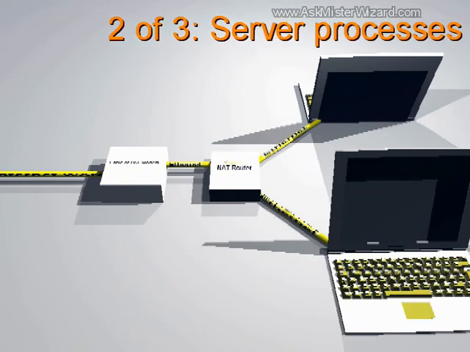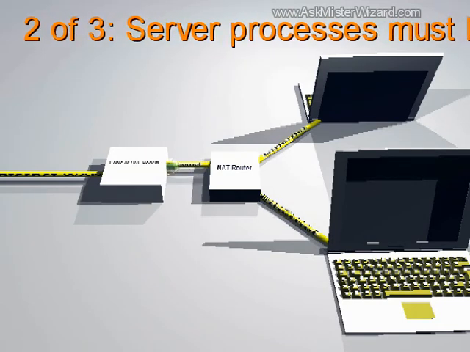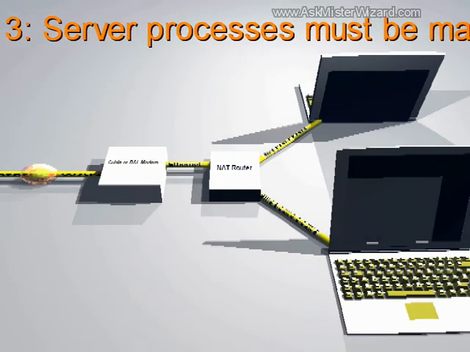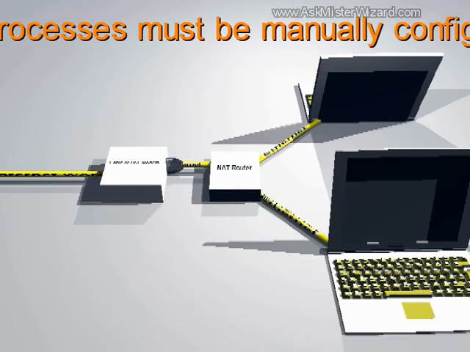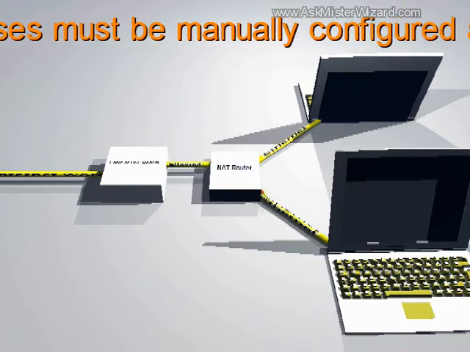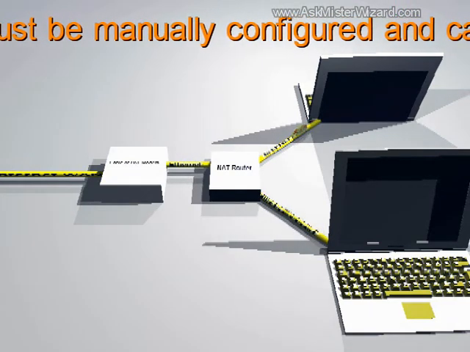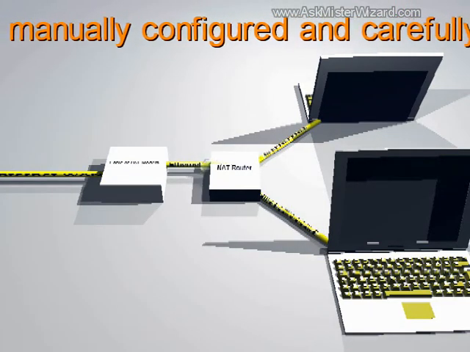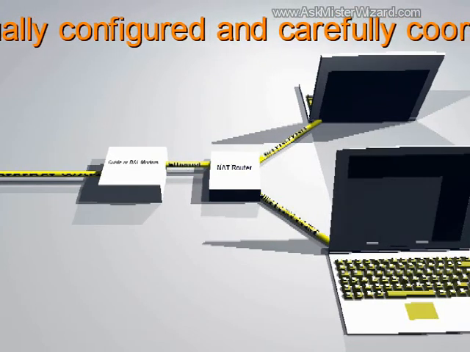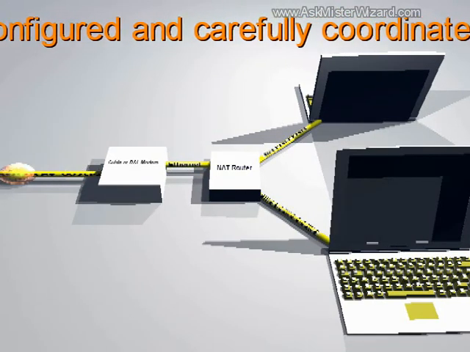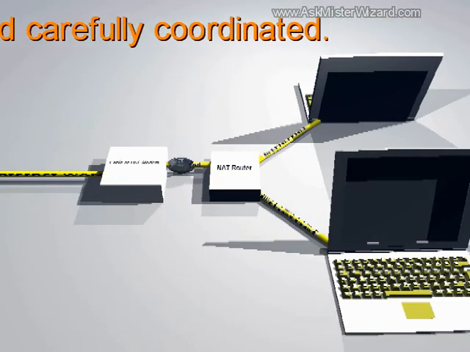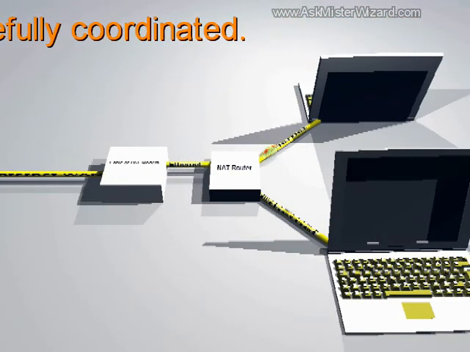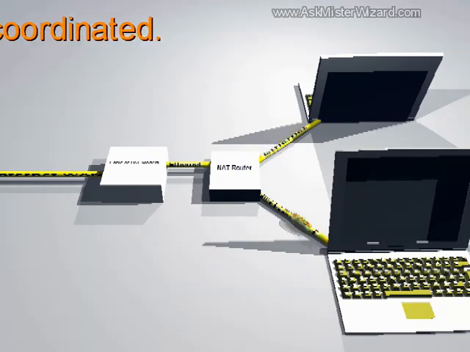Secondly, if you are going to host server processes such as web servers, FTP servers, voice over IP servers, or multimedia servers or game servers out on the Internet, you will run into additional limits. You will need to go through a manual configuration exercise to tell your NAT router about each of your servers, and only one server of any given type will be able to use the well-known, usual and customary TCP or UDP process, or port, that Internet clients will expect to use when communicating with you.